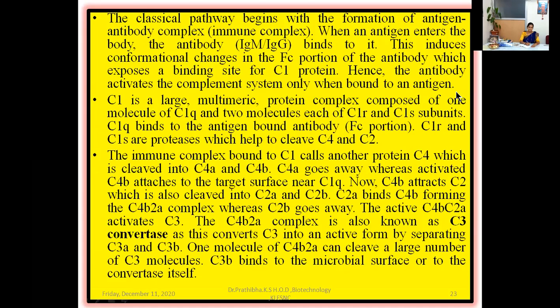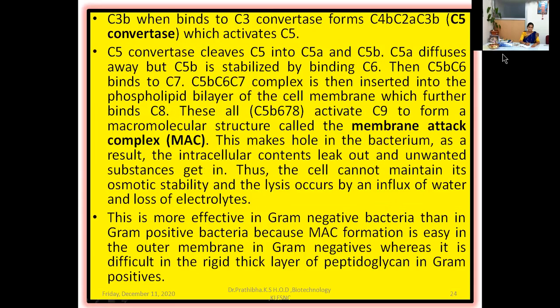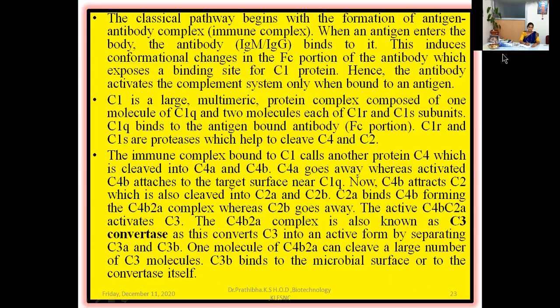Further, the classical pathway begins with the formation of the antigen-antibody complex, that is the immune complex. When an antigen enters the body, the antibody, that is IgM or IgG, binds to it initially. This induces conformational changes in the Fc portion of the antibody.